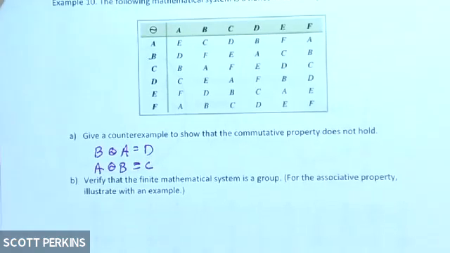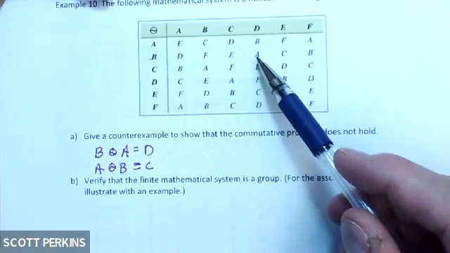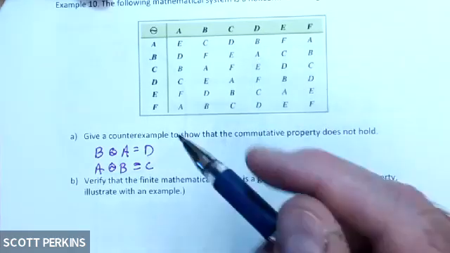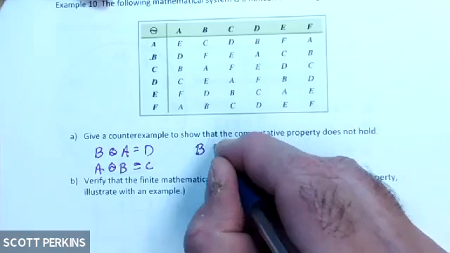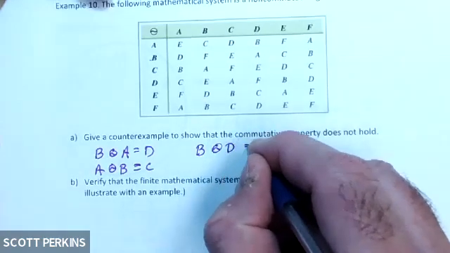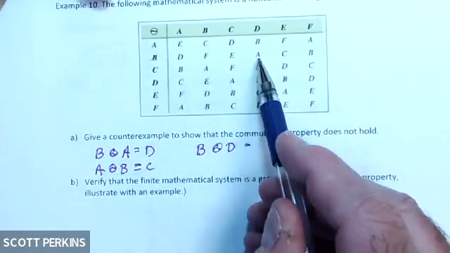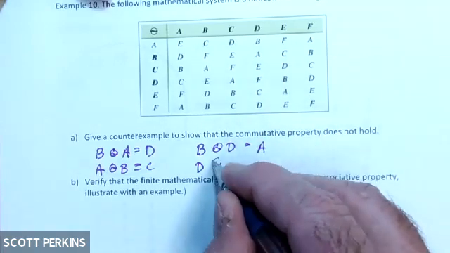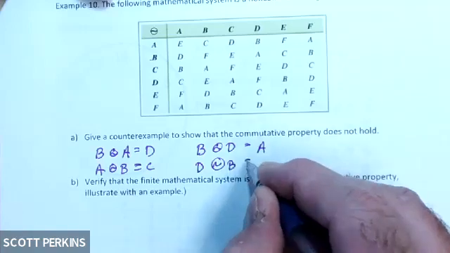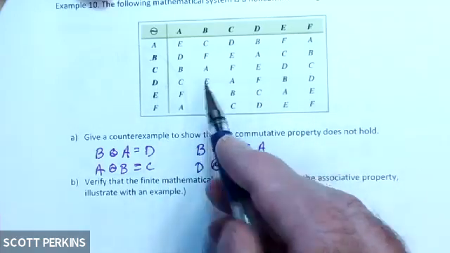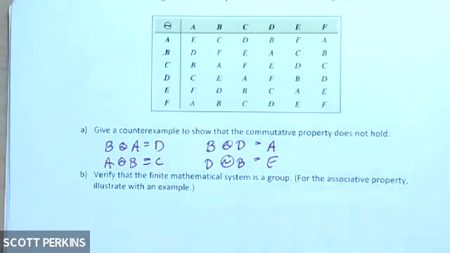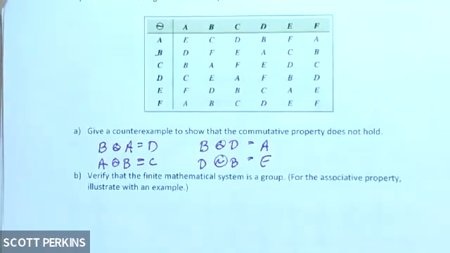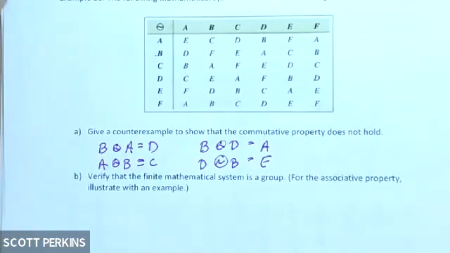I'll do another one just to show you that there's plenty of options. So if I do B, circle with the wave D, that is going to give me a result of A. Then if I reverse it, D, circle with the wave B gives me E. I think it would actually be harder to find a pair that was commutative than to find pairs that aren't.